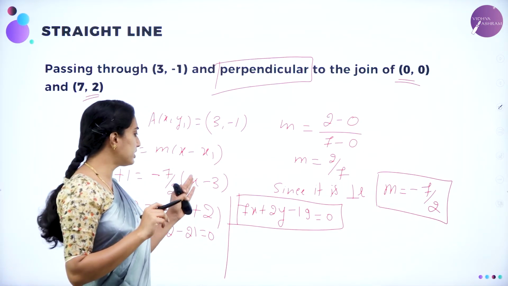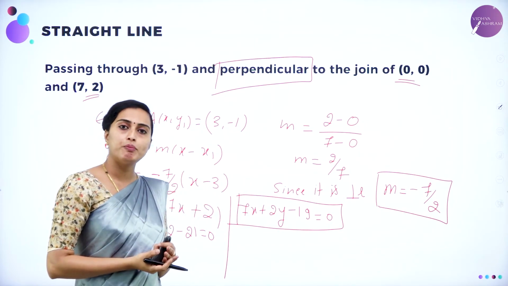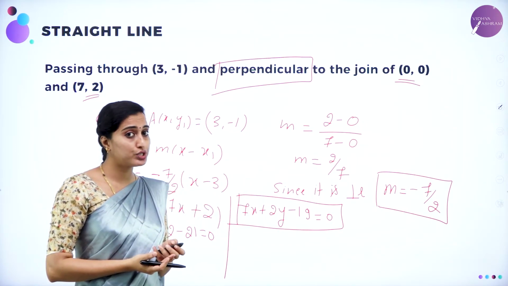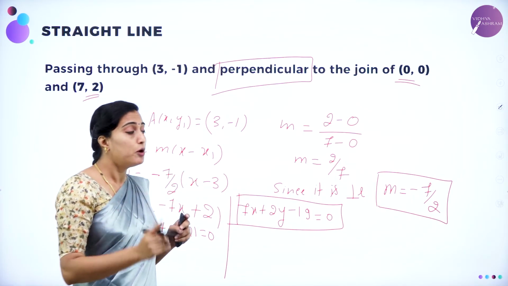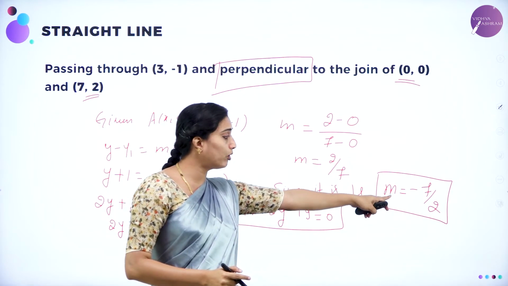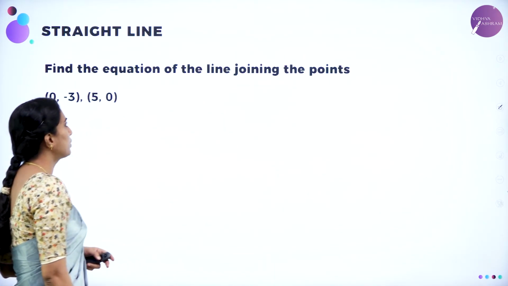A takes the value 7, b takes the value 2, and c takes the value minus 19. I hope you got how to solve this. When parallel, the slope will be the same. Perpendicular, negative reciprocal, you should take as the slope. Understood? We'll move on to the next question.